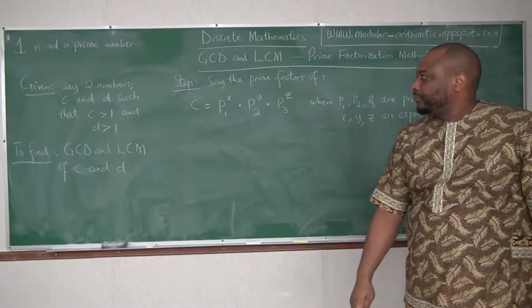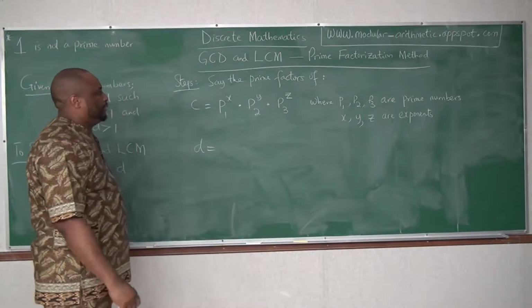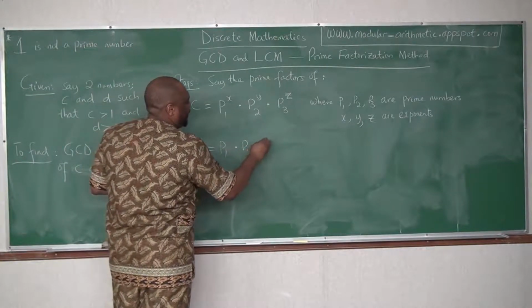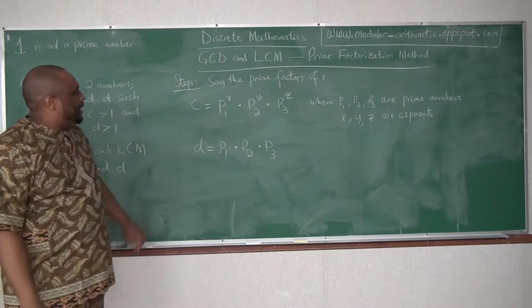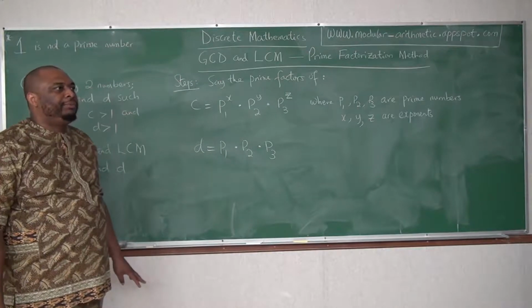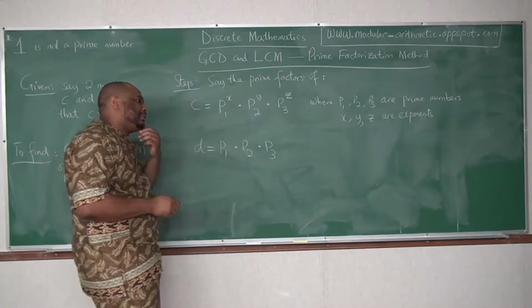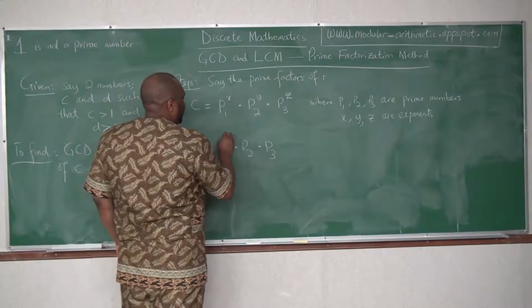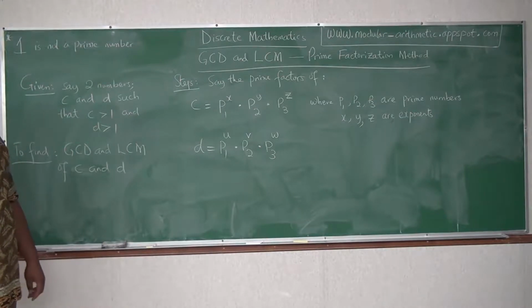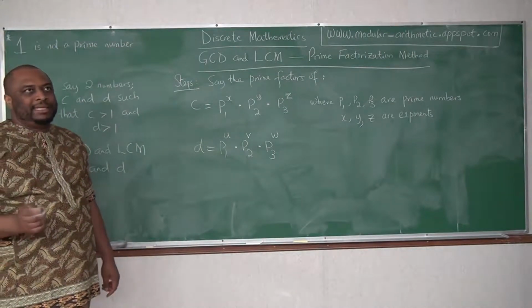And let's say we have D to be the same P1 times P2 times P3, but with different exponents, let's use F, G, H. You can say ABC, I hope you don't think my B will be 6.